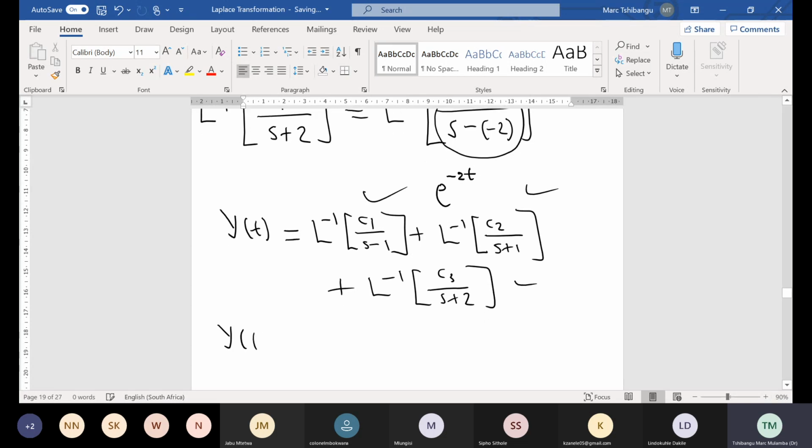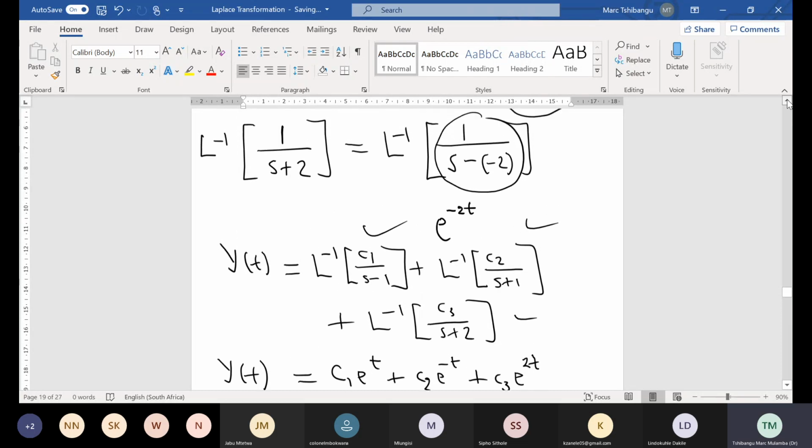So y of t will be equal to c1 e to the power of t plus c2 e to the power of negative t plus c3 e to the power of, did we say 2t? Be careful, we have s minus 2. Let's go back and double check.